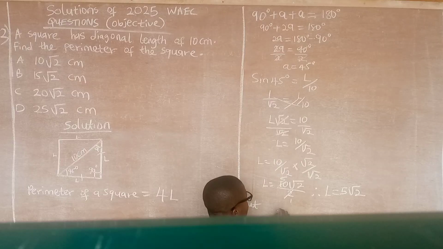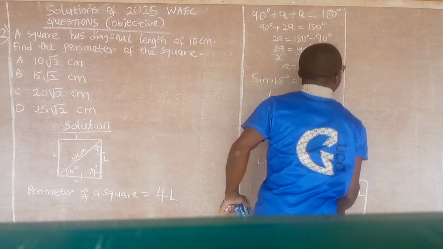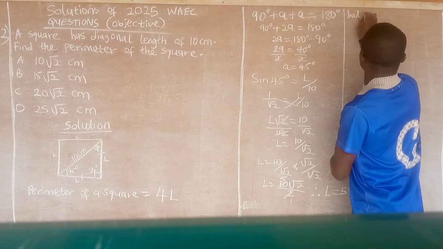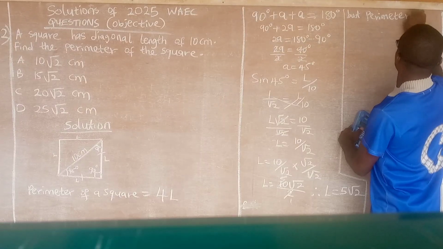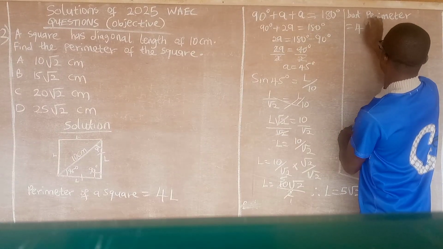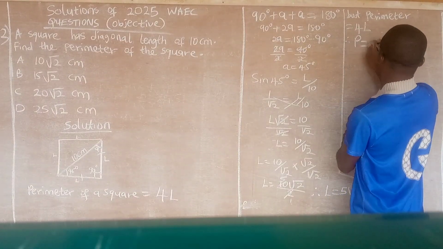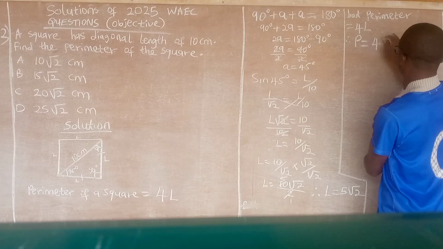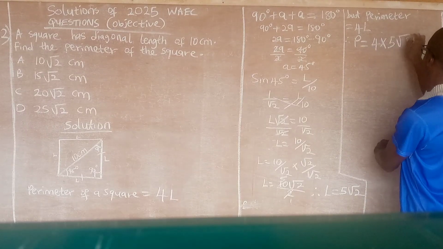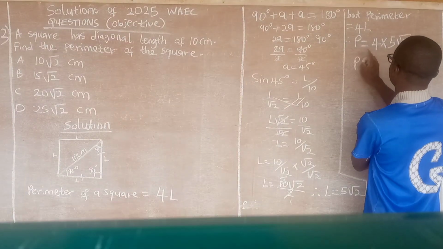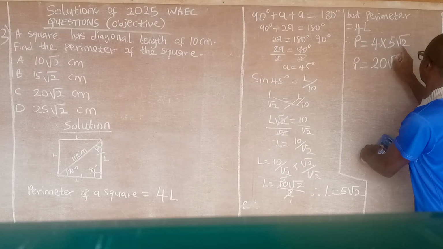But perimeter equals 4 times length. Therefore, perimeter of the square is equal to 4 times 5 root 2, which is 20 root 2.